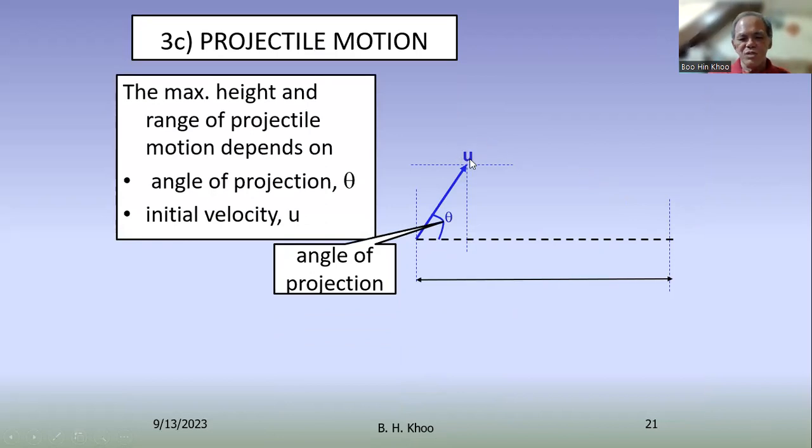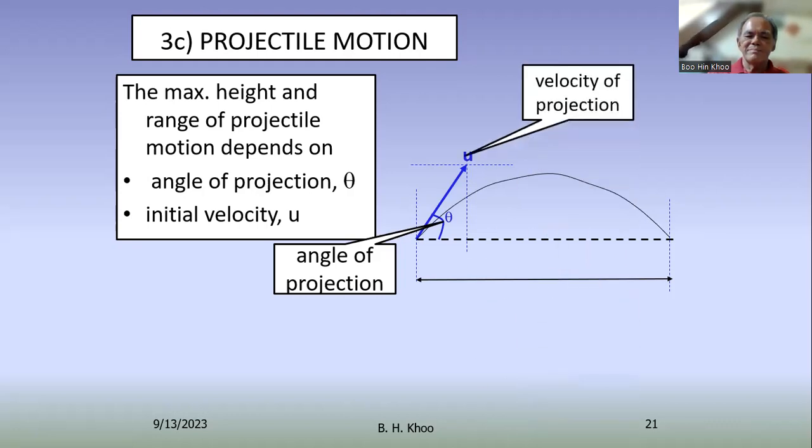You can put V0 or you can use U0. British use U, but Americans tend to use V0. Right, that's the path, a parabola, symmetrical, and u is called the velocity of projection, and this is the trajectory, or the path.